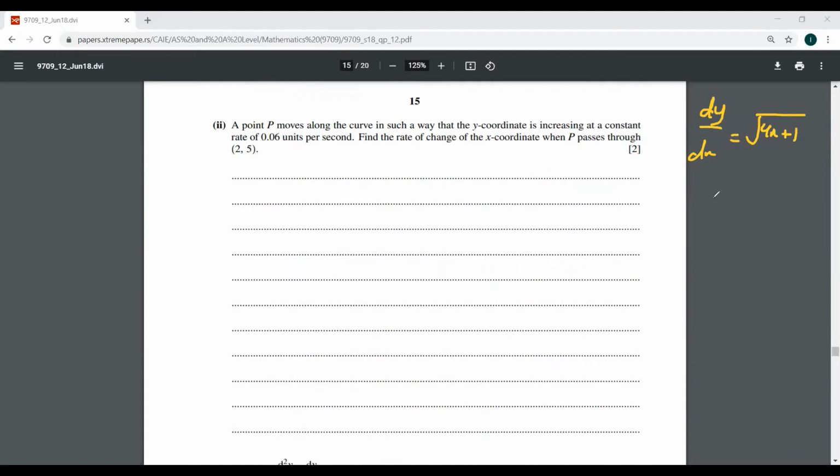And what was that point P? (2, 5). Okay. So it says a point P moving along the curve is such that the y coordinate is increasing at a constant rate. So he's giving us dy by dt, that is 0.06.